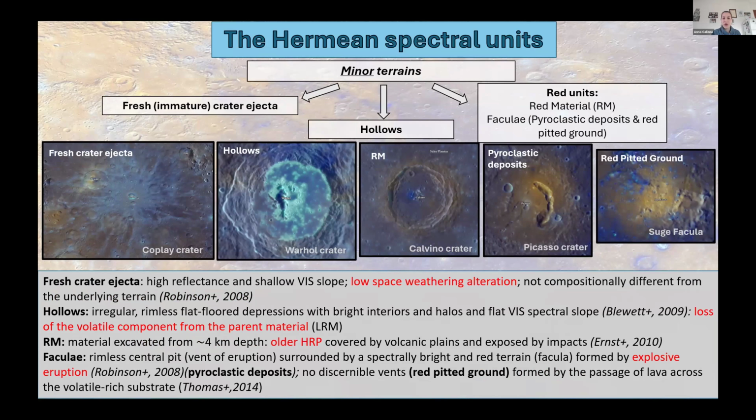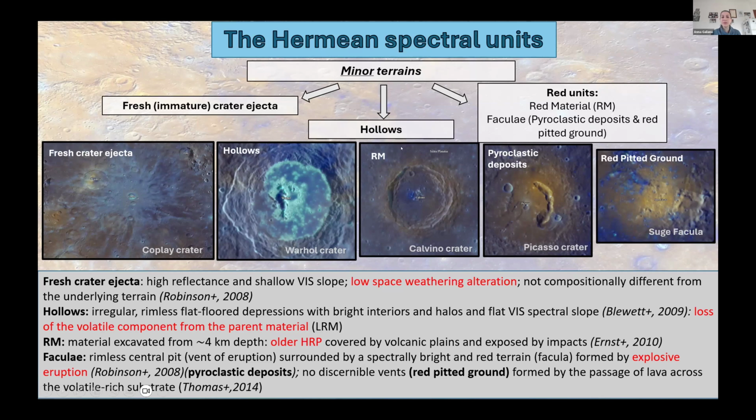Then we have the red material, which is also ejected material, which has instead a redder spectral slope. And then we have hollows, which I will talk about in detail in the next slide.